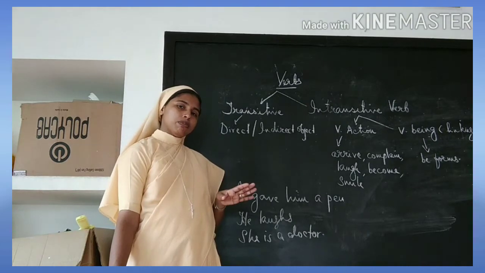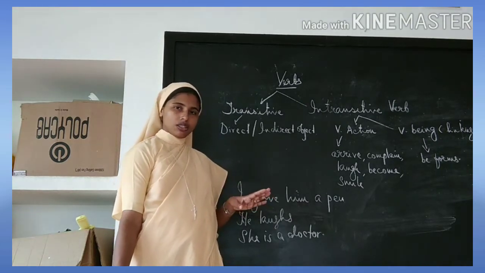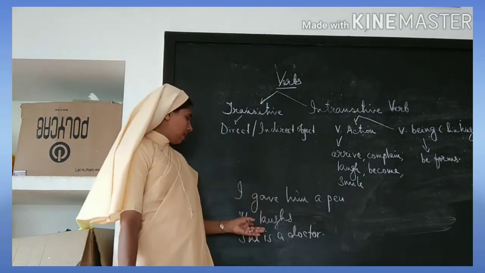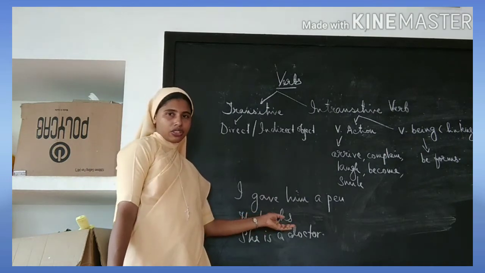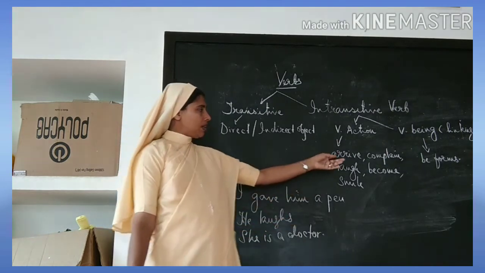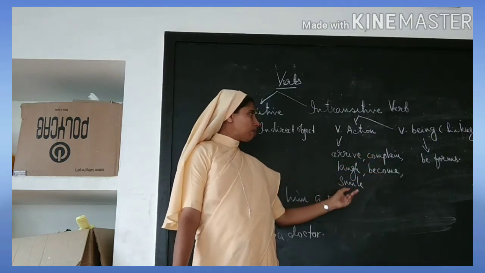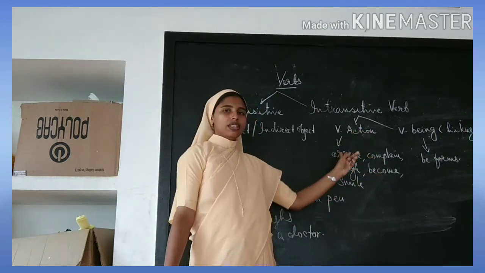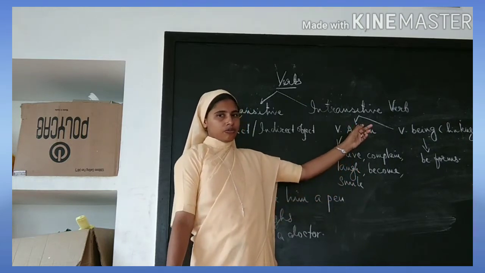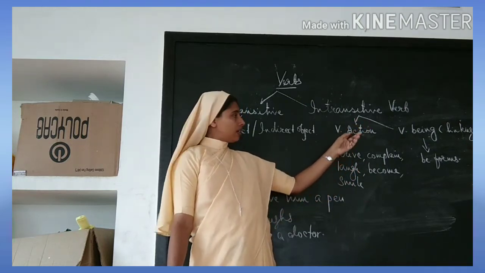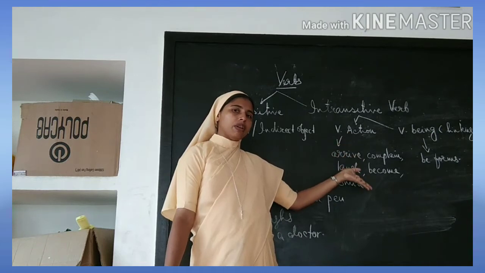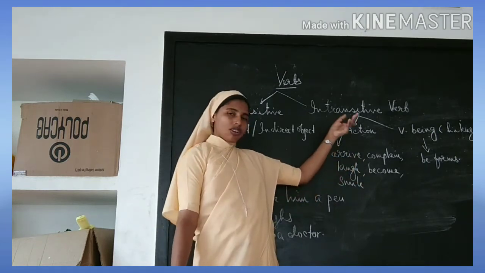Okay, but it is a must that there must be an object. That is the thing. And the next sentence, he laughs. Certain verbs like arrive, complain, laugh, become, smile, and all these are action words, verbs of action. Certain action words always remain as intransitive verbs.